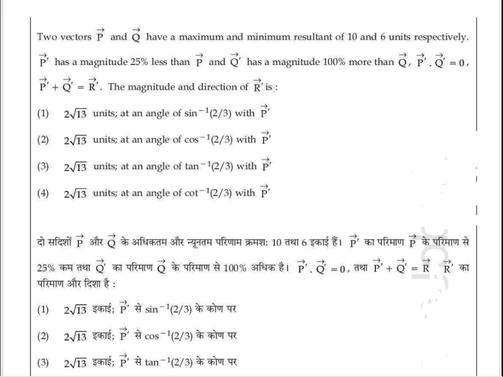The maximum resultant is when the angle between them is 0 degree, so cos theta will become 1 and the resultant will simply become P plus Q. So I can write P plus Q is 10 units. For the minimum value, cos theta will become -1, which is 180 degree, so P minus Q will become 4.